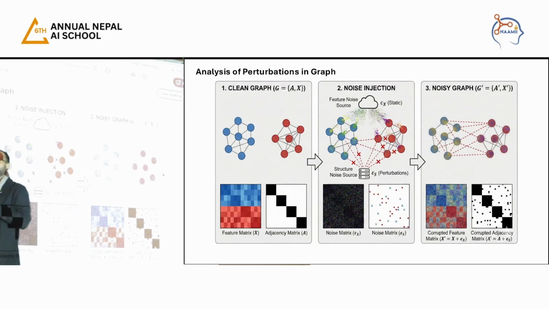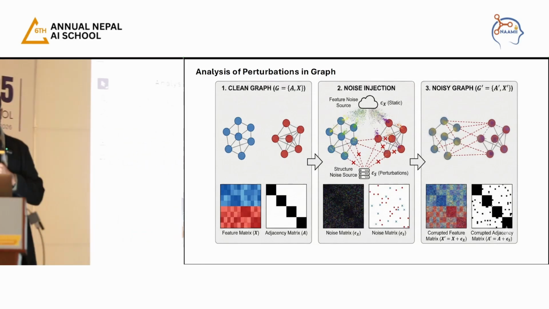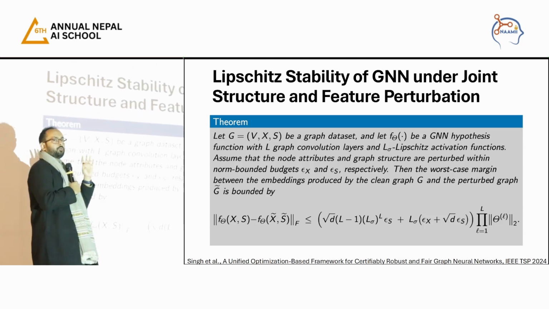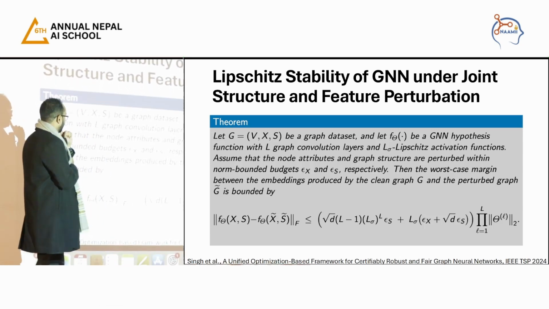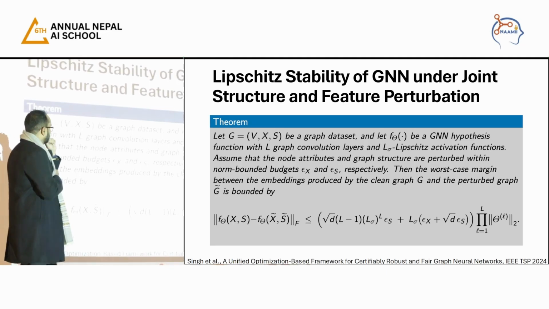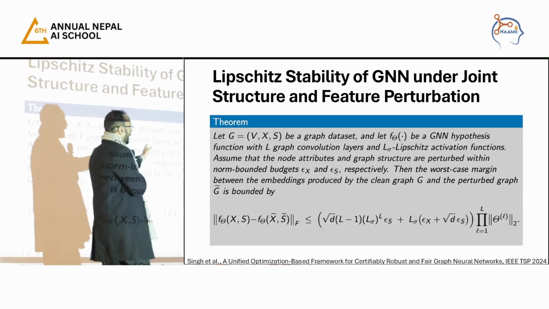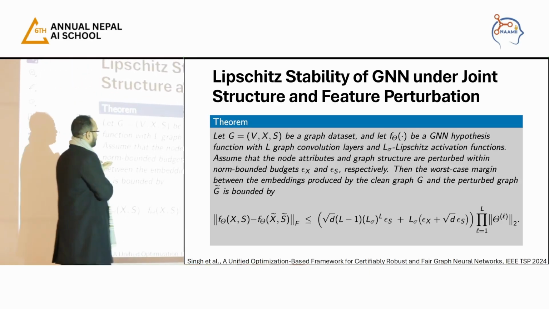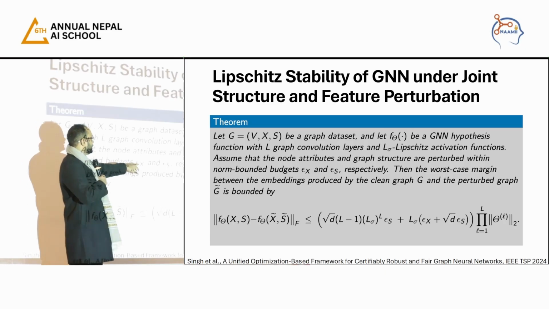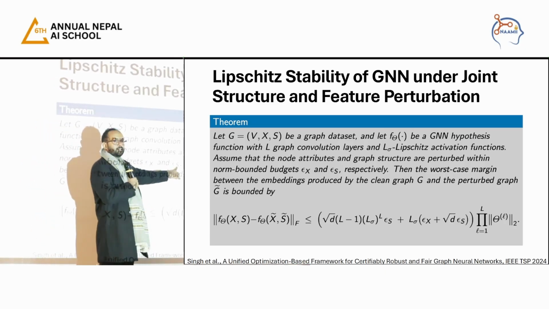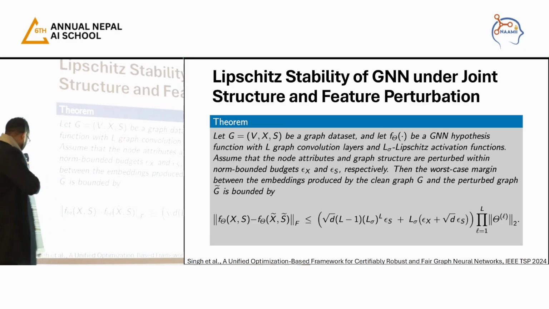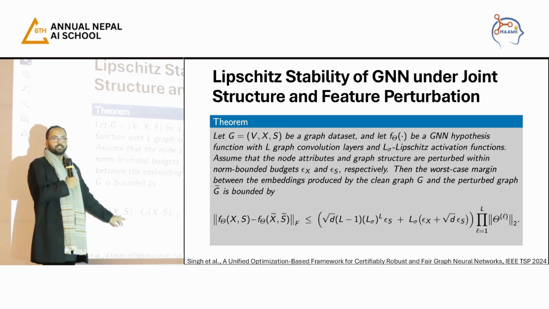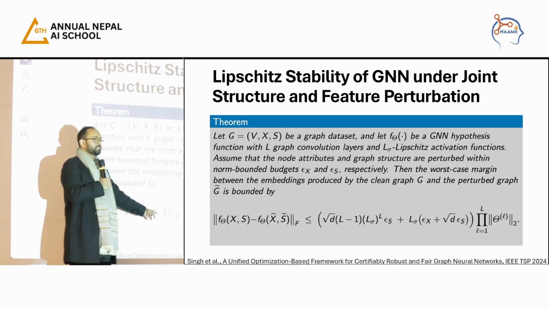Okay. So you have noisy access to the data, and this is one of the results. It simply says I want to learn a model f theta, and it has L layers, and the activation functions are L-Lipschitz, and the norm budget simply means that the noise being added to the adjacency matrix is epsilon, and the noise being added to the feature is S. So suppose this is a function that you have learned on the clean graph, and this is a function that you have learned on the noisy graph.